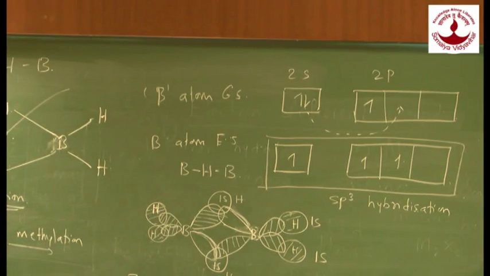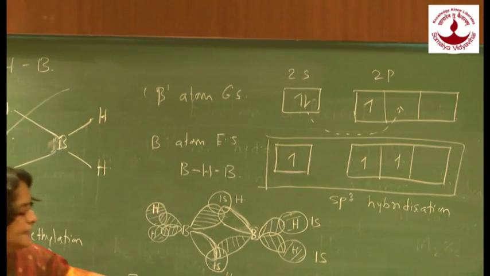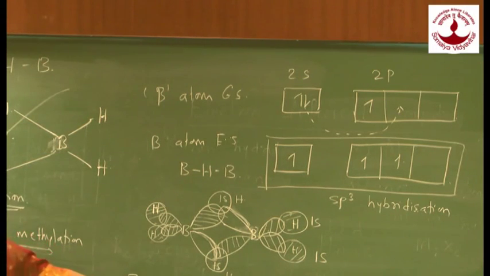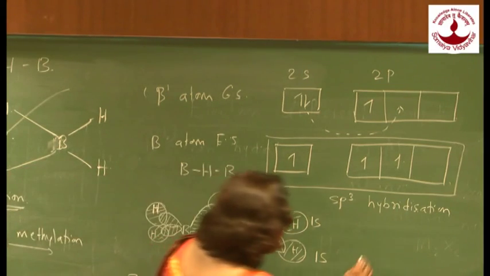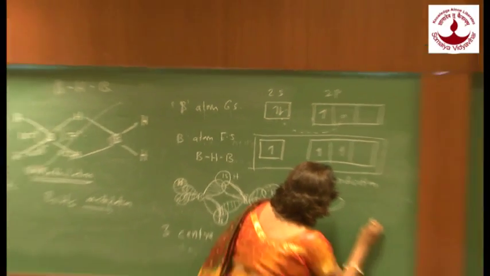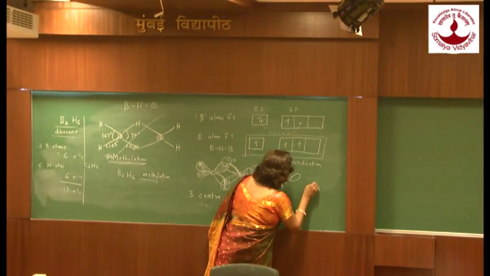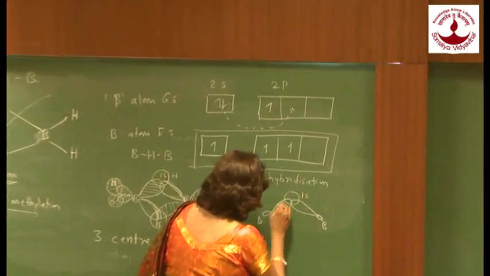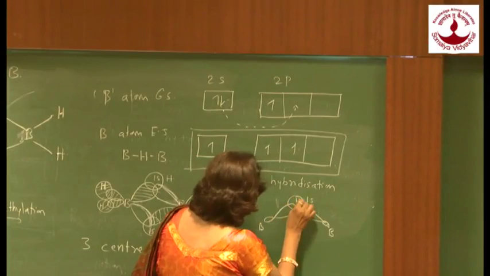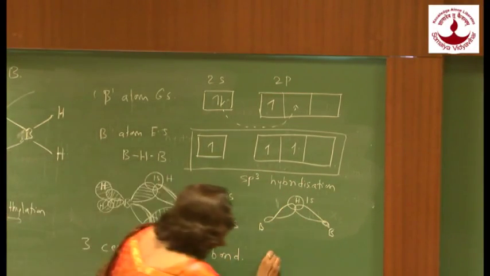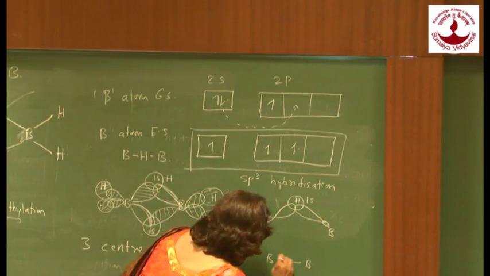But for the BH bridge, it is a 3-center 2-electron bond. And why is it so? It is because of the electron deficiency in the molecule. So we can just represent it pictorially like this, and then it can be shown like this.